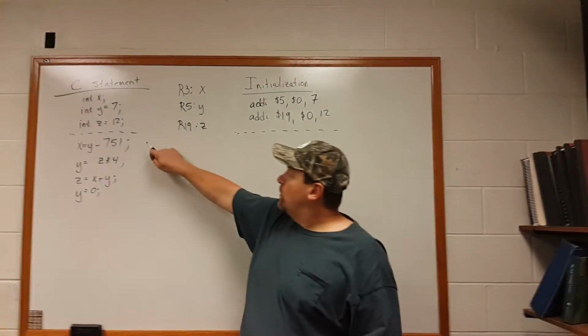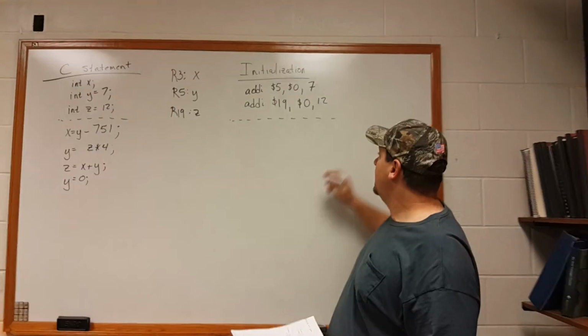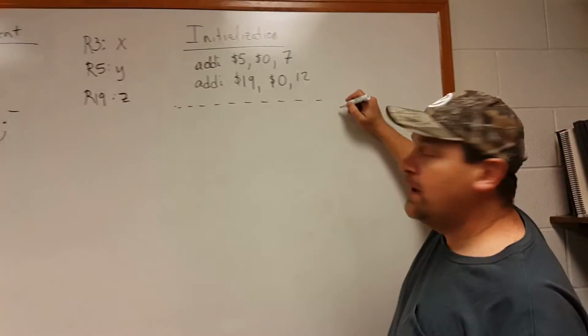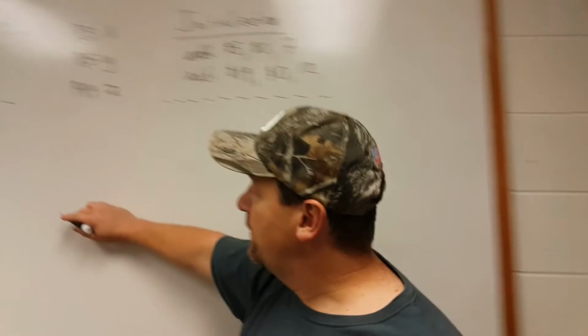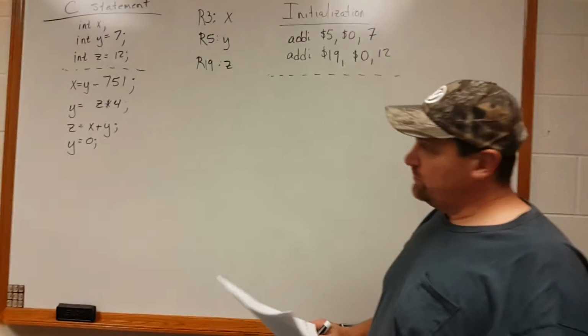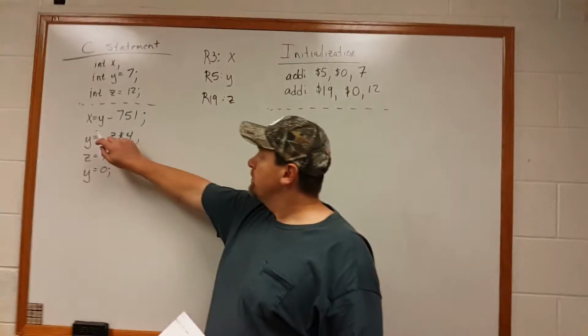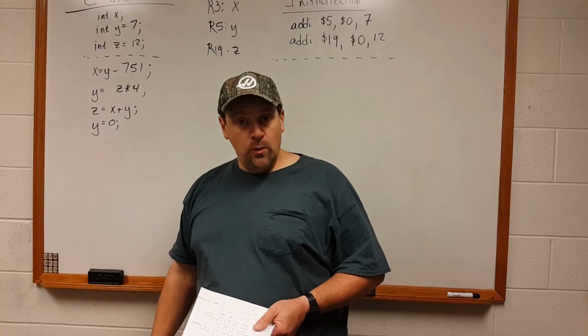So that corresponds to the divided line, the dotted line here. Now we're going to do the business. The business here are the 4 arithmetic statements that we have in our C code. So we have x equals y minus 751.